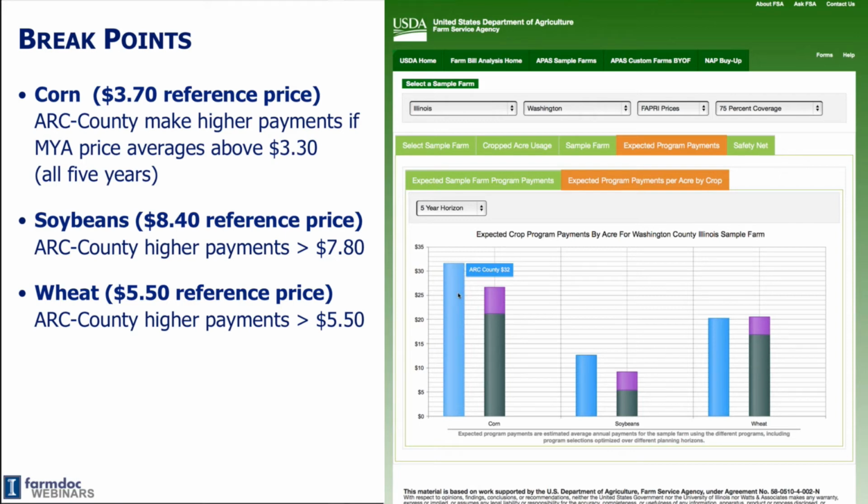This bar is Ark County for corn, PLC, and we also show SCO payments in here as well. So this is corn. Corn is higher than wheat, which is higher than soybeans. And that's why we're saying look at minimizing soybean acres, choosing more corn and wheat.